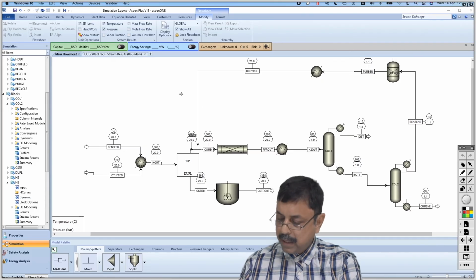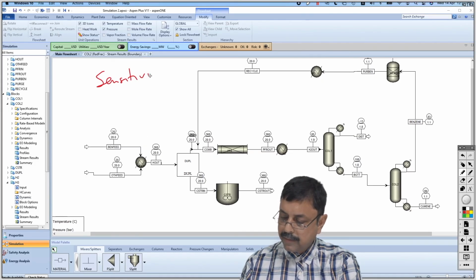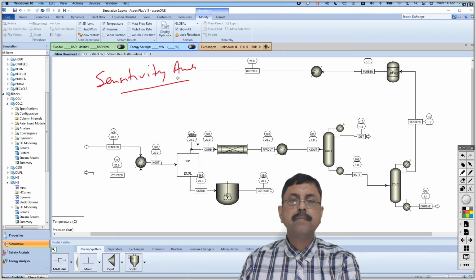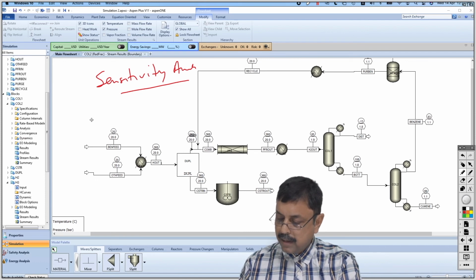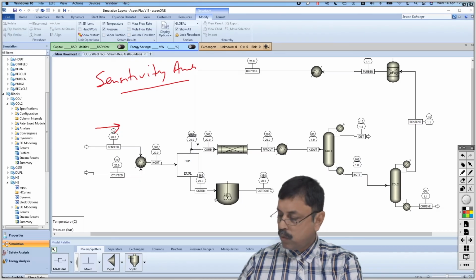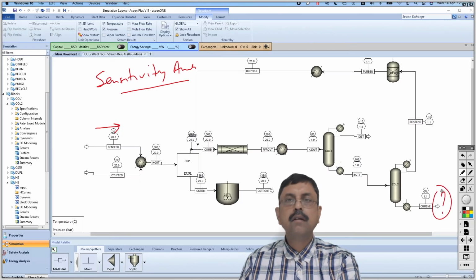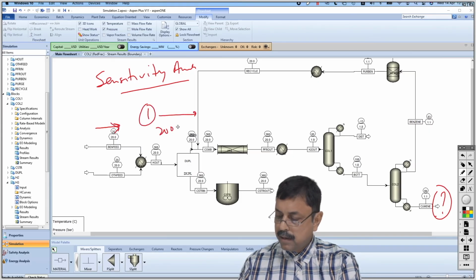Before optimization, you can do a certain sensitivity analysis. Sensitivity analysis means you can check, for various benzene feeds, what the cumene purity is. So you can check cumene purity against the benzene flow rate. For 200 kilomole per hour benzene flow rate, what is the cumene purity?